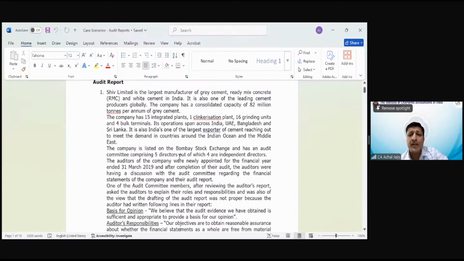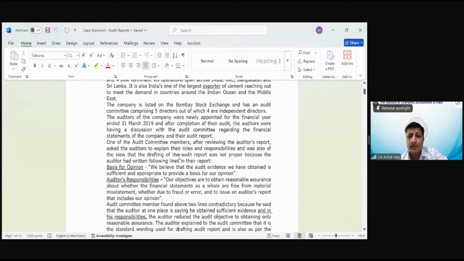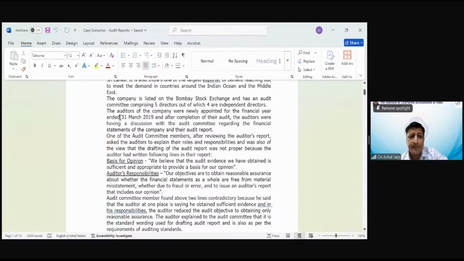Auditors of the company were newly appointed for the financial year ended 31st March 19, and after completion of their audit, auditors were having a discussion with the audit committee regarding the financial statements and the audit reports. This discussion is going on, which is a requirement also.